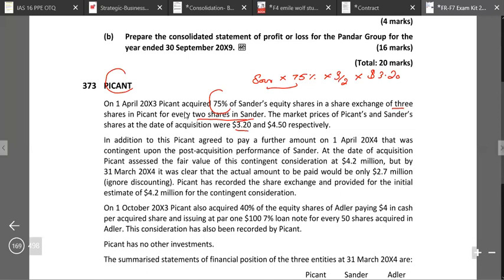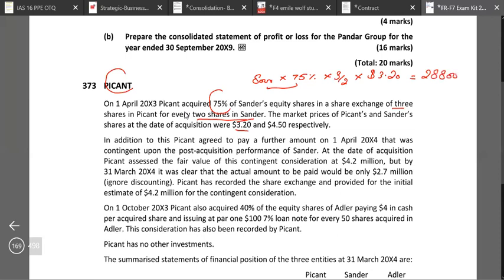We multiply 8,000 by 0.75, multiply by 3, divide by 2, and multiply by 3.2.